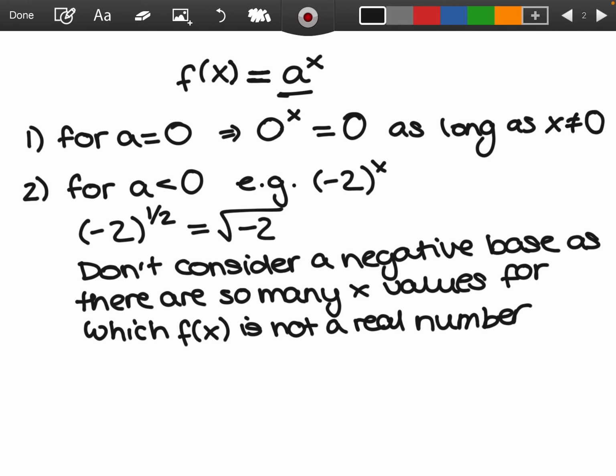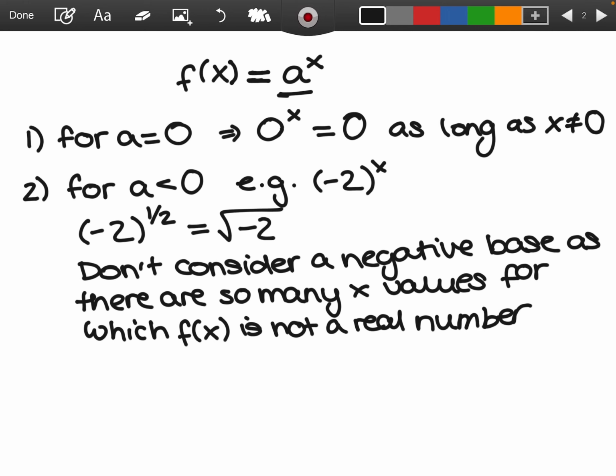Because the function value f of x would not be a real number for so many x values whenever you take an even root, we're not going to look at a being a negative number. So we're not looking at negative bases, and we've already said we're not looking at a 0 base.